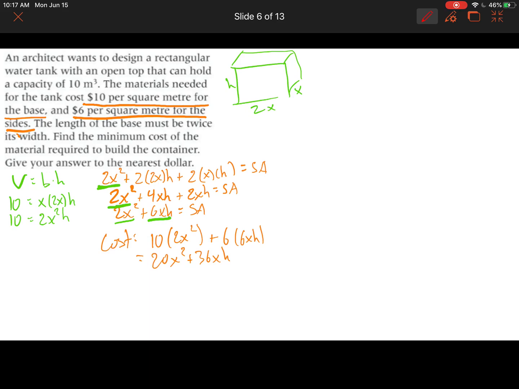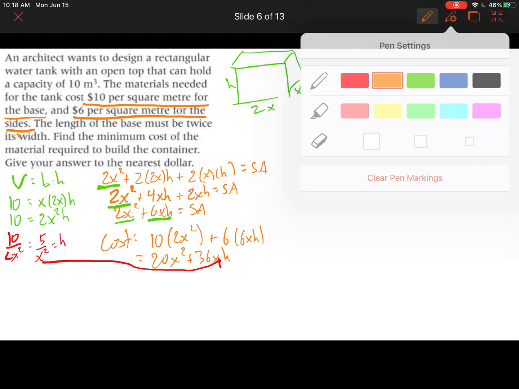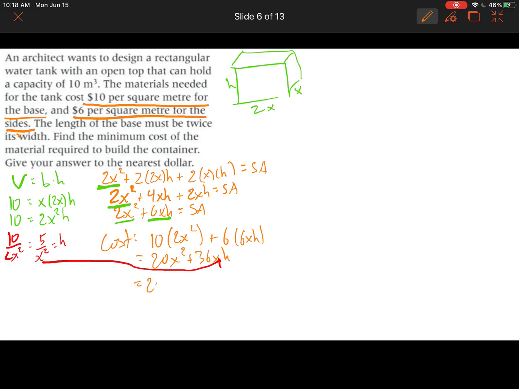Now we would love to be able to optimize this using calculus, but I have x and h in here. So I'm going to come back over to my volume equation and solve for h. So 10 over 2x squared, which is equal to 5 over x squared, is equal to h. And that is going to be substituted in right here to make it so our cost equation only has one variable in it.